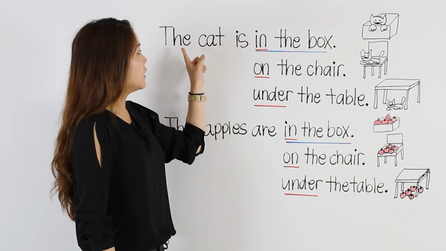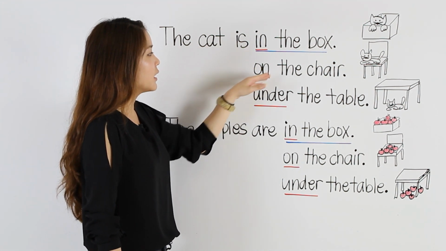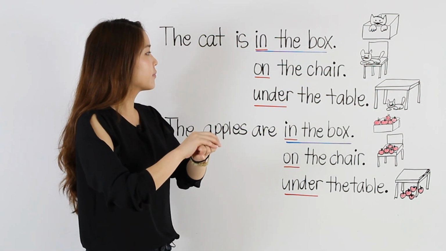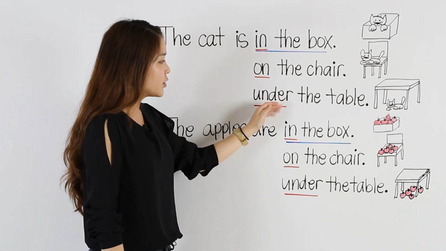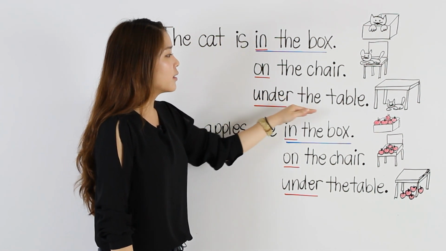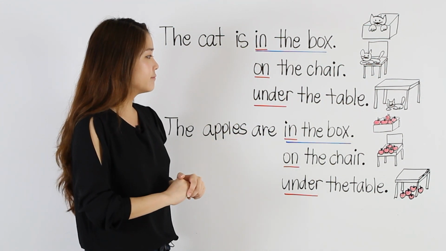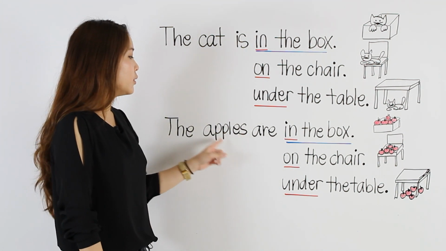Okay, and the next one, the cat is on. The preposition on the chair. He's on the chair. Okay, and the next one, the cat is under. Under the table. Under the table. Okay, let's look at the next one. Now we have plural nouns.